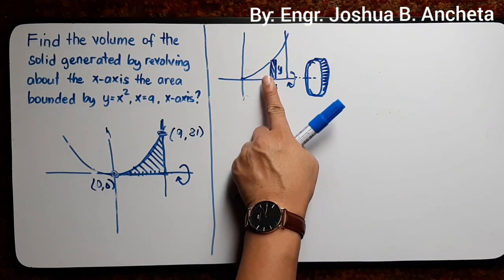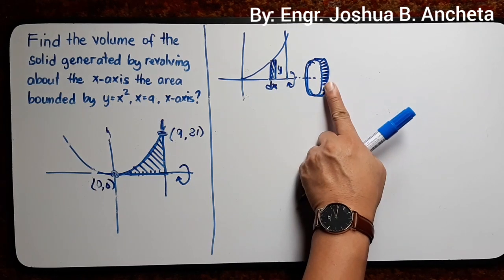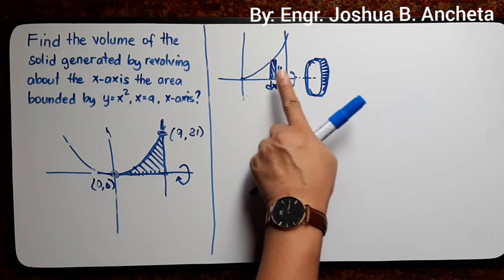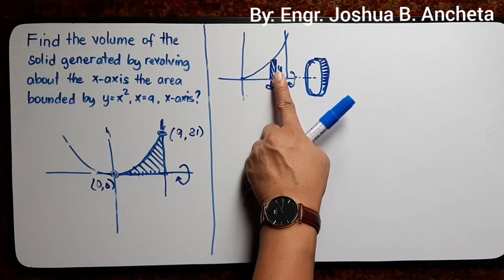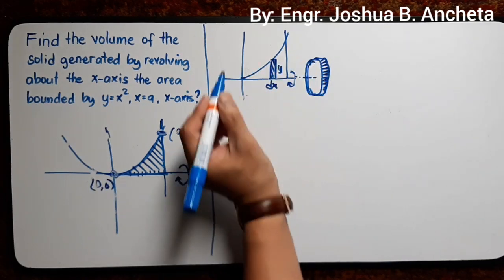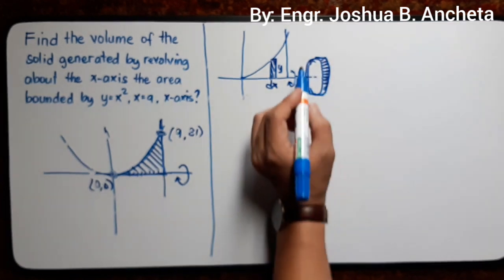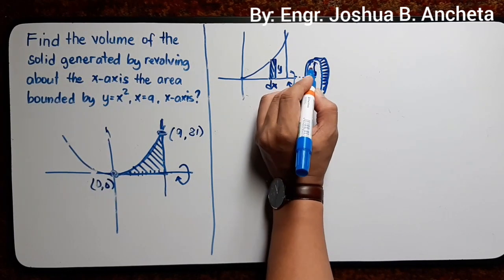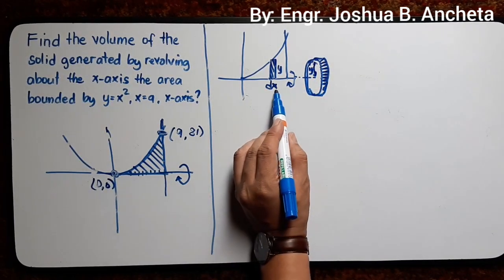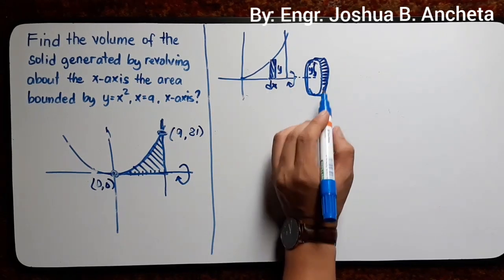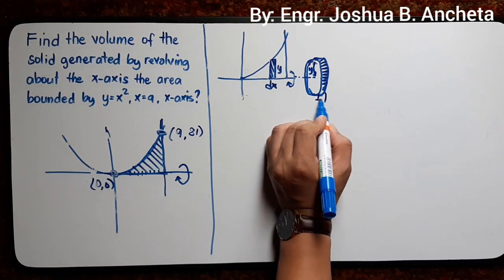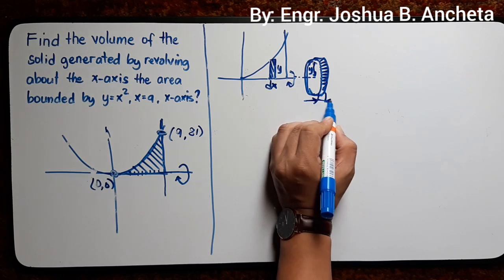Let us relate this to our generated solid. y is the radius of the generated solid. dx is equivalent to this portion of the generated solid.